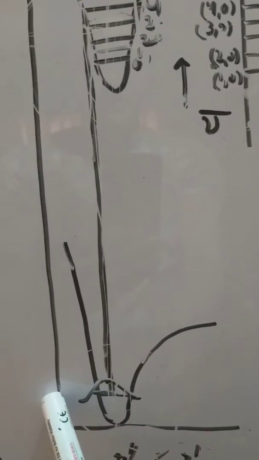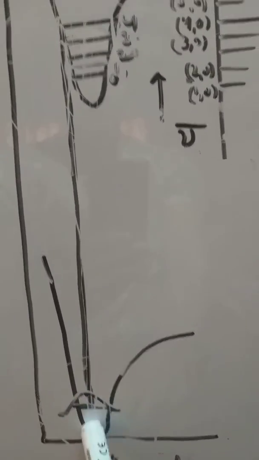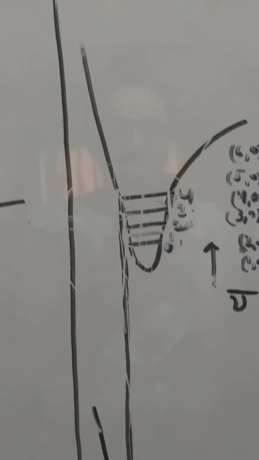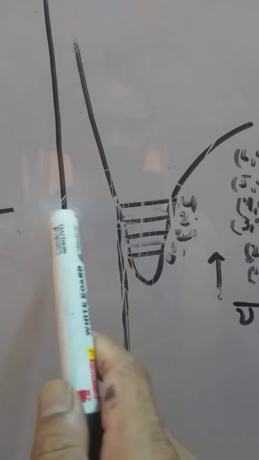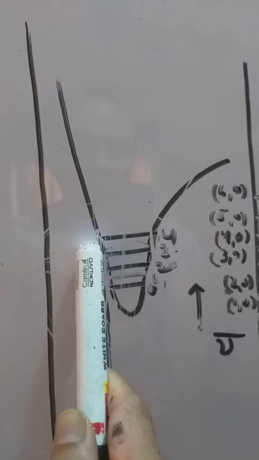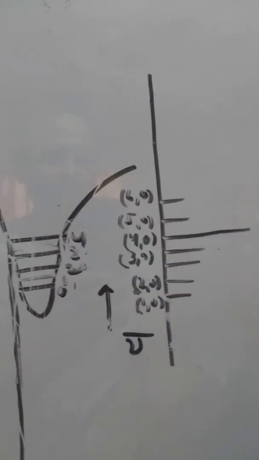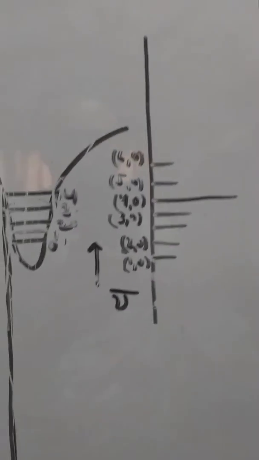Here we see the R_eq value is from this to this, and here in the excited state it is still constant. It means this molecule is now promoted to the fourth vibrational state. It means the 4-0 line will be the most intense line.